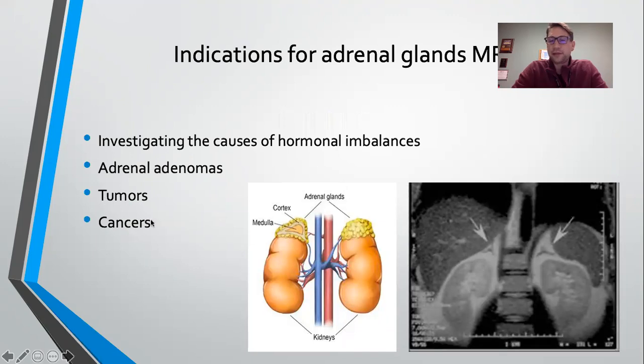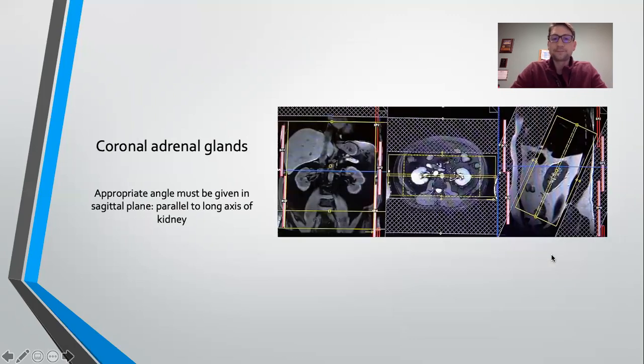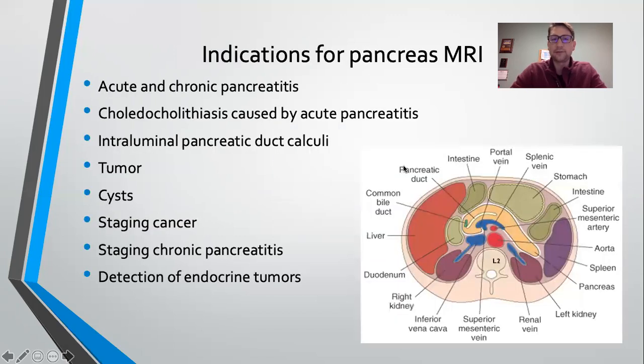Other types of tumors and cancers within those adrenal glands. But you can see there's such small structures, you're probably going to do thin slices or 3D acquisitions to really visualize those small structures even better. So you can see here, we're just kind of angling the same as the kidneys, so we don't need to go through that too much.